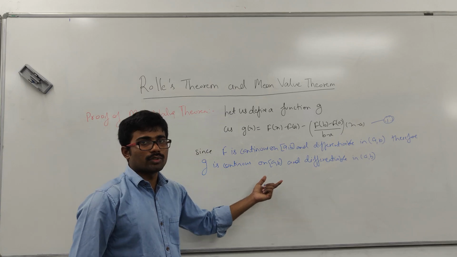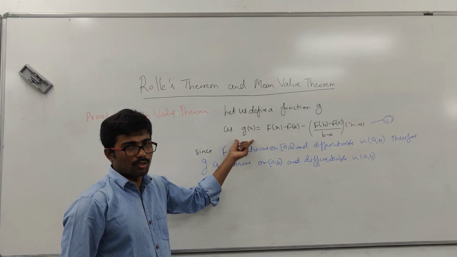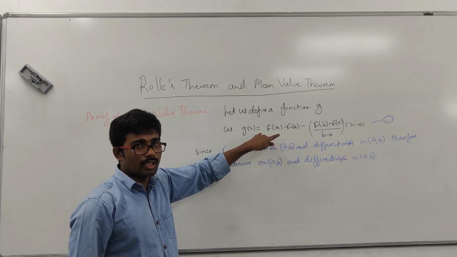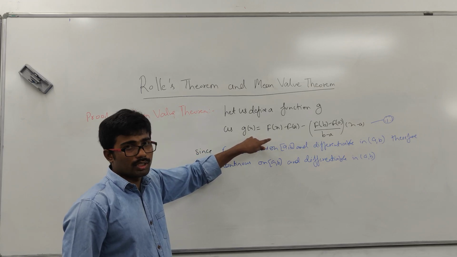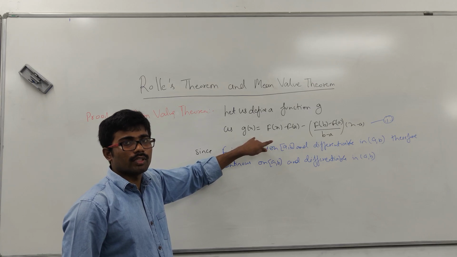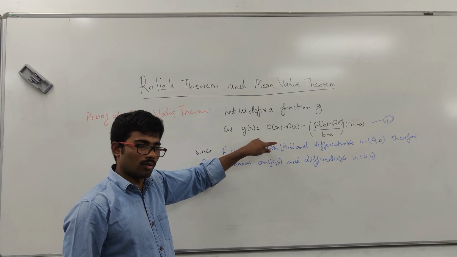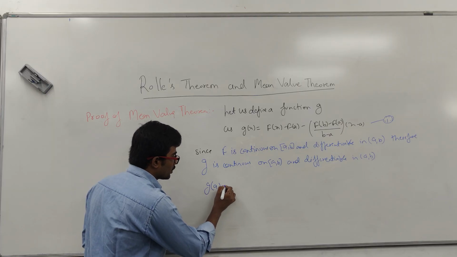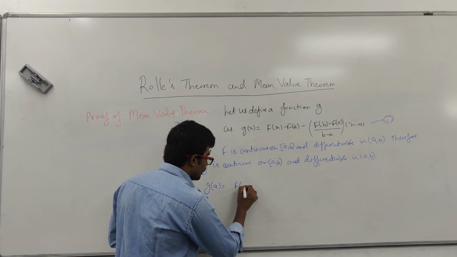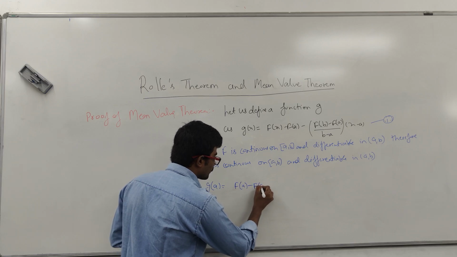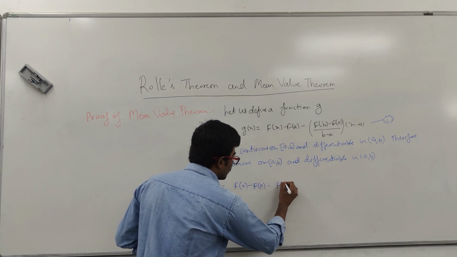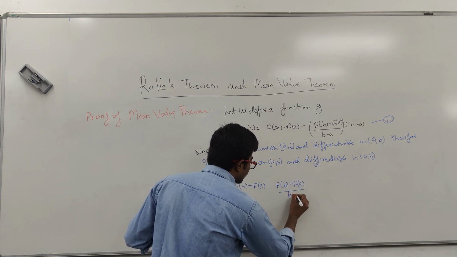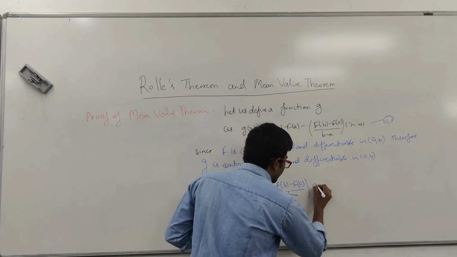Now we have to check whether g of a equals g of b or not. So we will put x equals a in equation 1 and x equals b in equation 1 and check whether g of a equals g of b. Put x equals a in equation 1, so we get f of a minus f of a minus f of b minus f of a upon b minus a into a minus a.